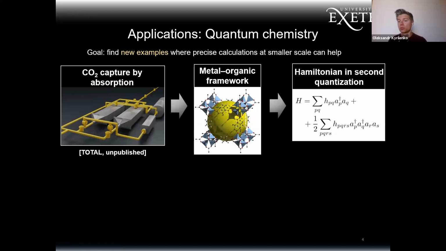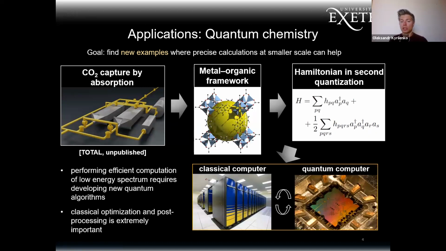So how do you deal with that Hamiltonian? You would use a combination of quantum and classical computers to find the ground state, excited state energies, and transition rates, and basically help improve CO2 capture by providing some chemistry calculations. That will be one of the goals.